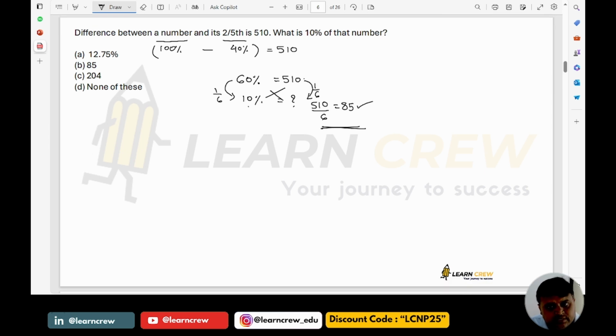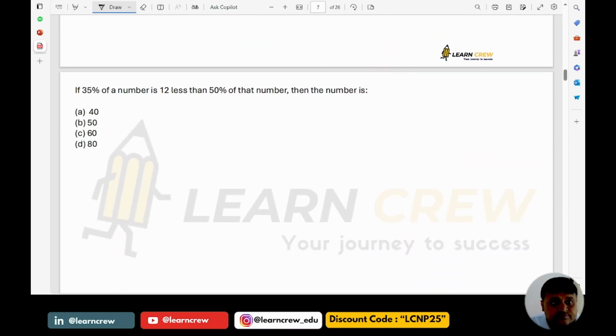Next. Second question. If 35% of a number is 12 less than 50% of the number, then find that number. That number means always 100%.